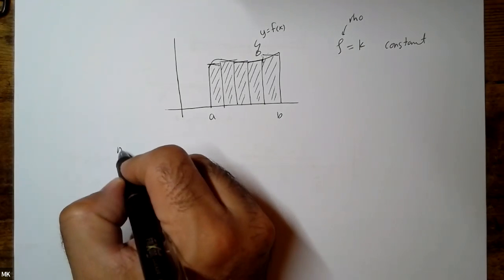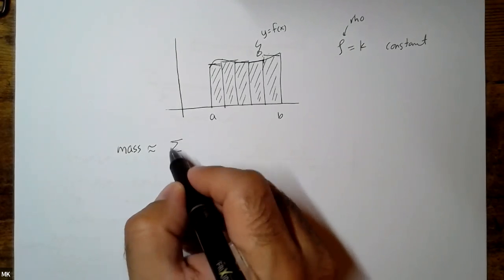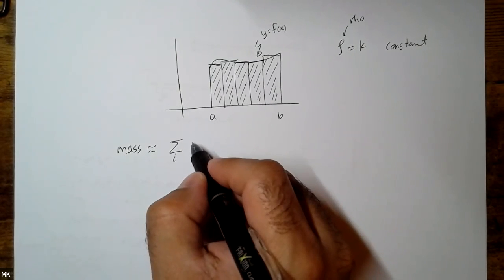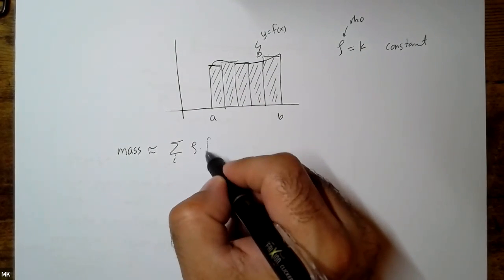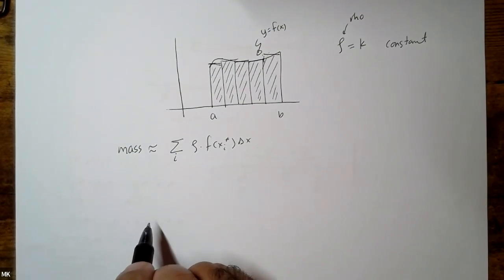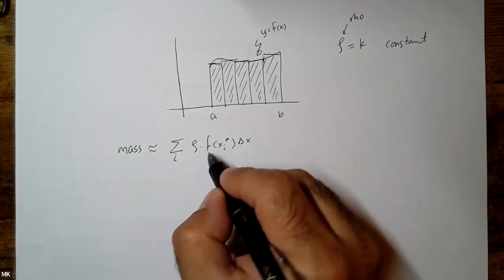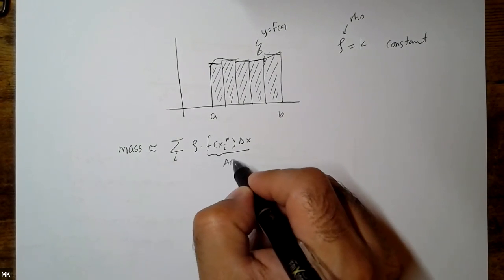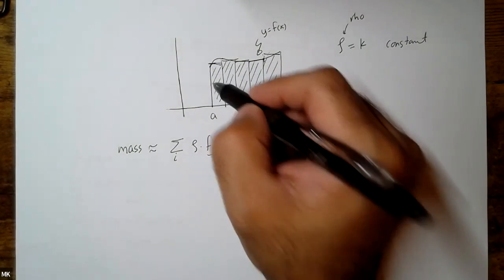So to calculate the mass, I can just multiply rho times f of xi star delta x. This is going to give you the area of each rectangle. F of xi star is the height for each rectangle.